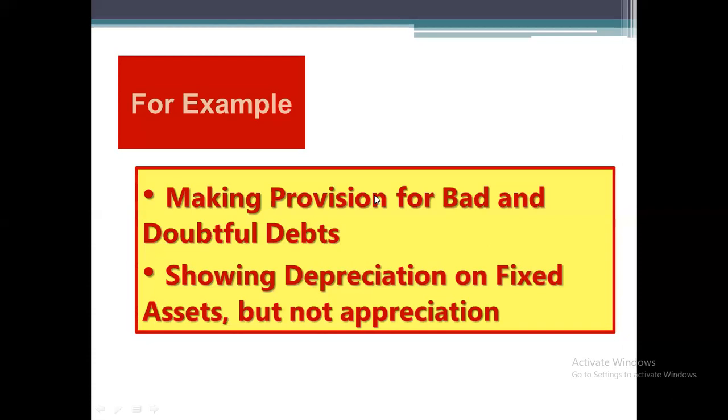This is a kind of loss which is futuristic in nature, but because we follow this conservatism convention, as per the accounting rules, it is still allowed to make the provision for bad debts. And depreciation, right? Depreciation is again an example.